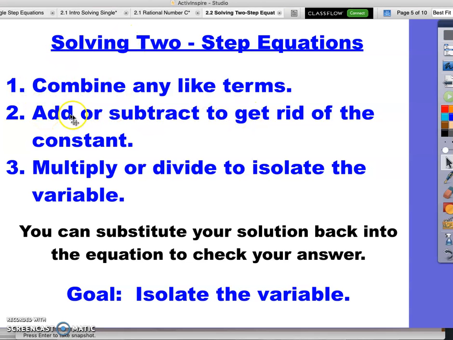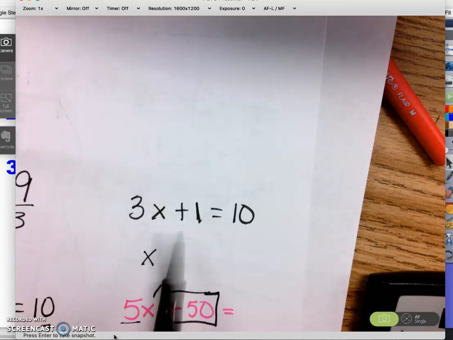Okay? Now, mainly after our combining of like terms, we are going to add or subtract to get rid of that constant. The constant is not going to be in the same spot every time, but you have to know that the constant does not have a variable. It's just the number. So in that example that I gave, 3x plus 1 equals 10, I have 2 that kind of look like the constant, right?